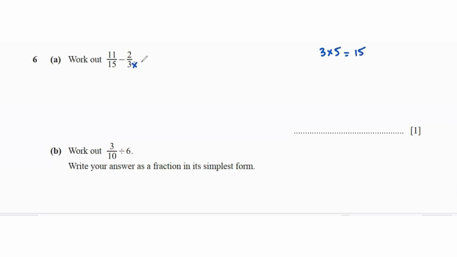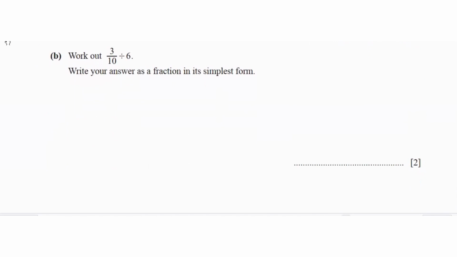Hence, we will multiply the second fraction, both the numerator and denominator, by 5. So we're going to have 11 over 15 minus 10 over 15. Since the denominators are equal now, we can subtract the numerators. So 11 minus 10 over 15, which is going to be 1 over 15. Once the denominators are the same, you can just combine the fractions as a single fraction and write the common denominator.